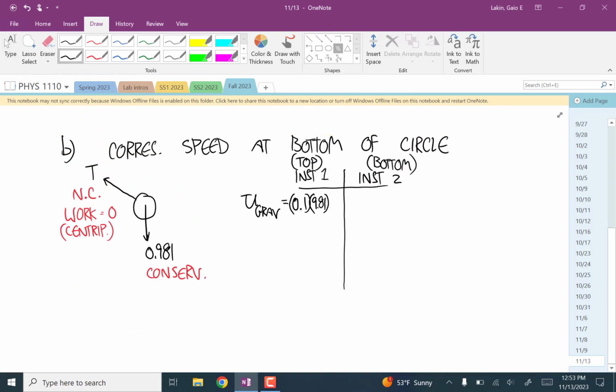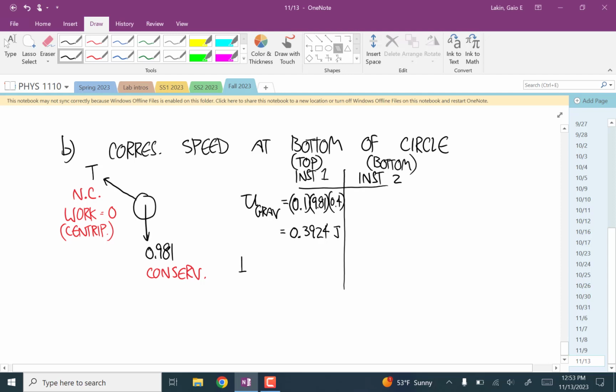So this times 0.4, and so we get 0.3924. And the units of energy, anyone remember the units of energy? Joules, yep.